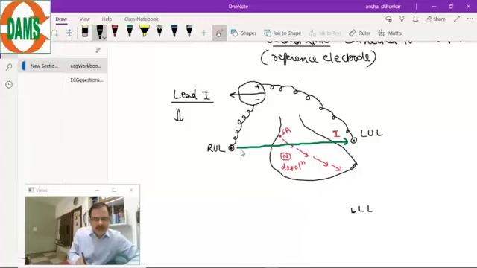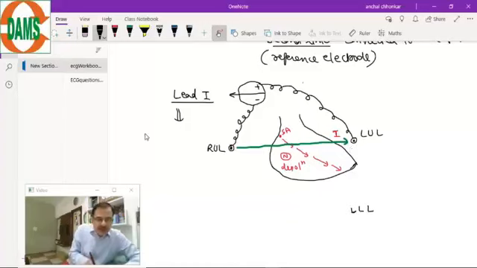Tail is towards the reference electrode. Arrowhead is towards the exploring electrode. So what does this line represent? If positive ions are moving along this line, we will get a maximum positive deflection. But that does not occur, because the natural direction of depolarization, the natural direction of the positive ions, is oblique to this line.